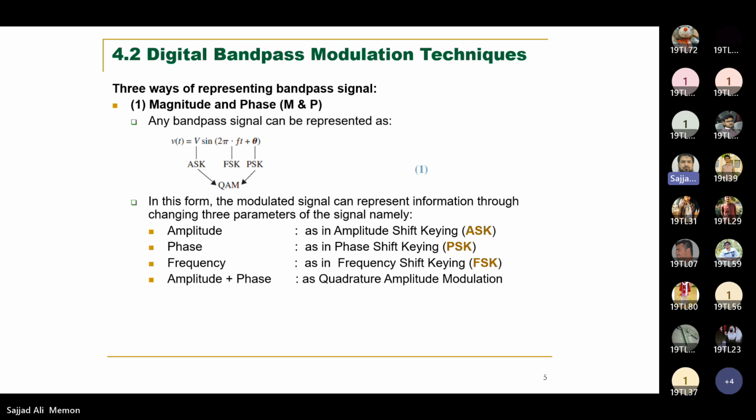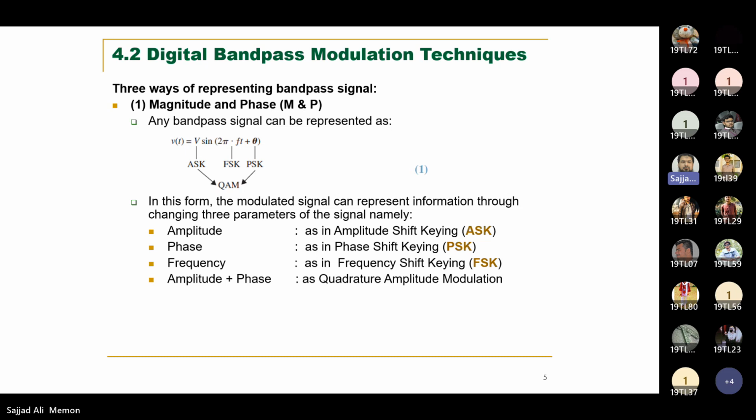If we are changing the voltage level of the carrier signal according to the message signal, then that is called ASK. If you are changing the frequency, then FSK. If you are changing the phase, then PSK. If you are changing both the amplitude as well as the phase, then that is called quadrature amplitude modulation.